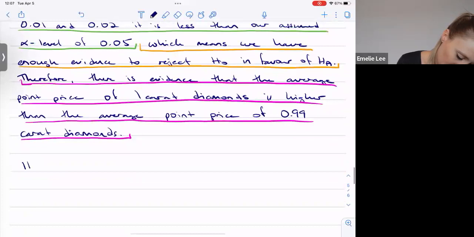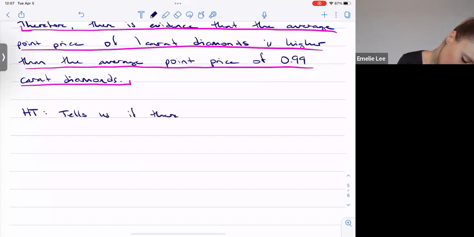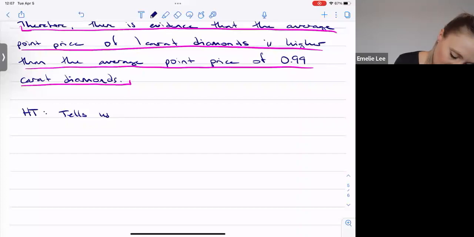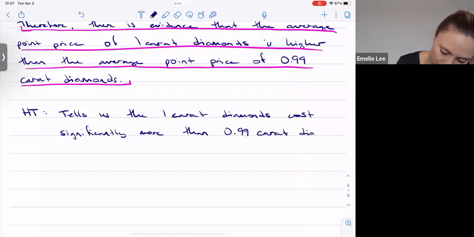So a hypothesis test here, I'll go specific to this question, tells us the 1 carat diamonds cost significantly more than 0.99 carat diamonds, right?